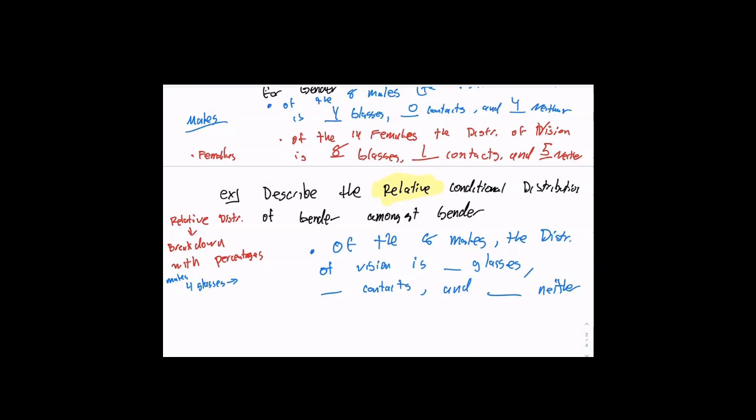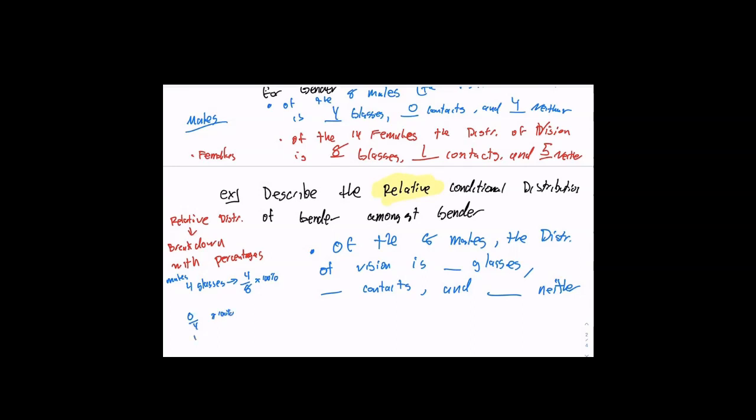I'm going to say divide 4 by 8 and then times 100. Correct. So we're going to take the 4, divide it by 8, and multiply it by 100%. And 0 divided by 8 times 100%.